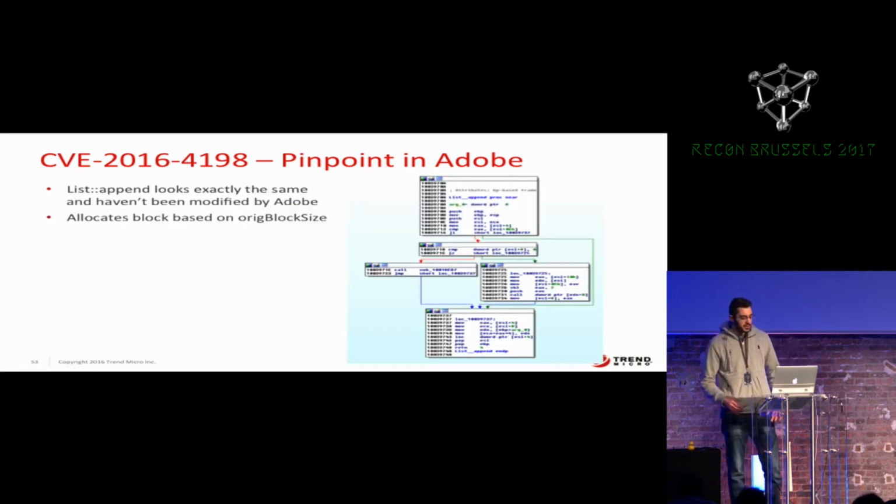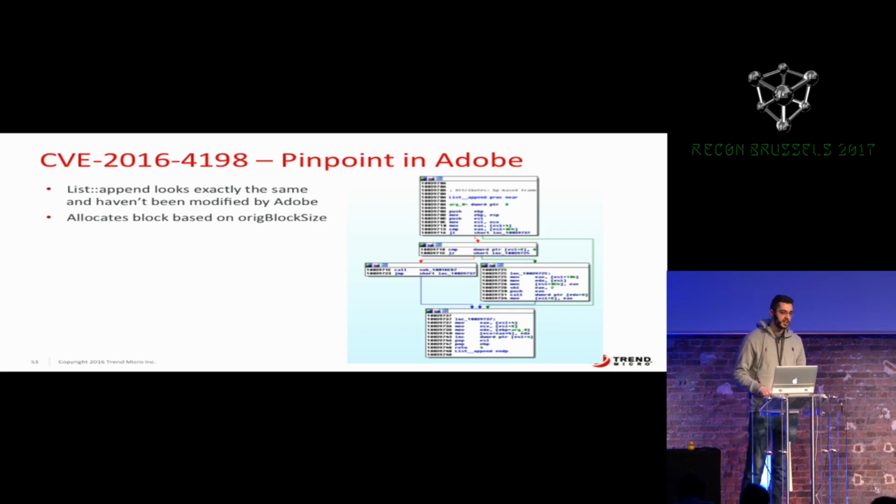The next function we can check is list append. Basically, Adobe just copy-pasted the same thing. They didn't modify any of the code, and as you can see, it does the same thing. It grabs that original block size, uses it in an allocation, and then writes to that block.